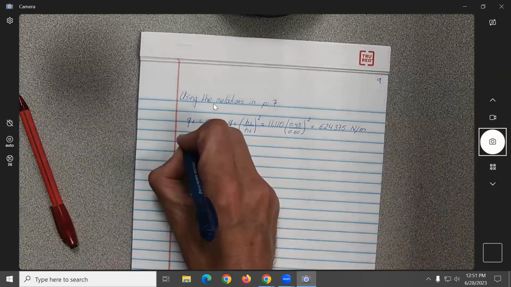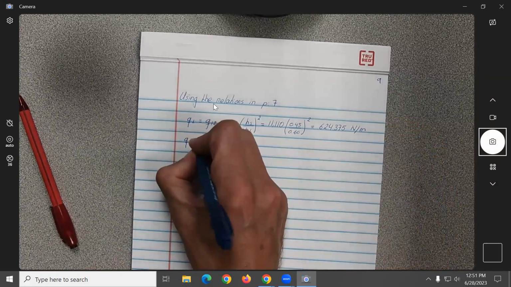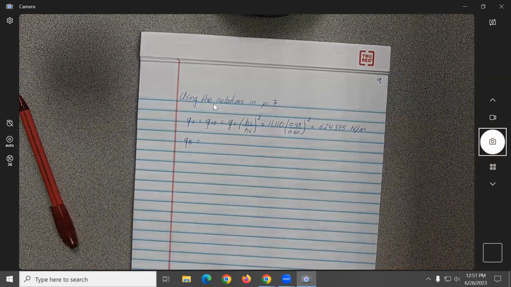Then we say that Q bottom is actually Q32, correct?